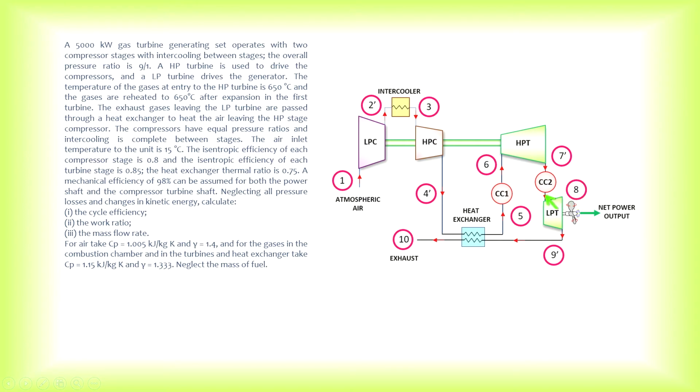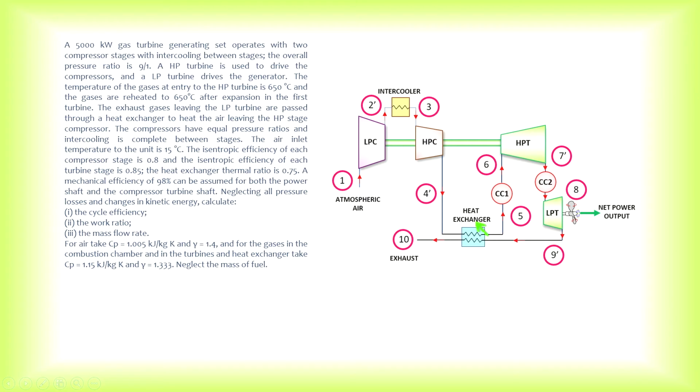So it goes into the low pressure turbine at this high temperature, where it again undergoes isentropic expansion. From there, work is extracted to drive a generator or a propeller. So 9 prime as it leaves the low pressure turbine. This is due to irreversibilities again.